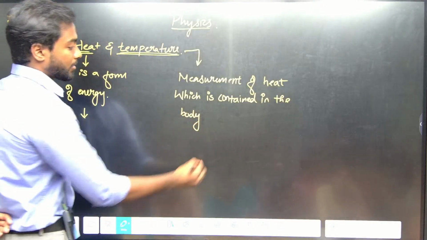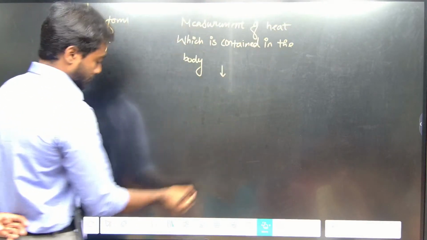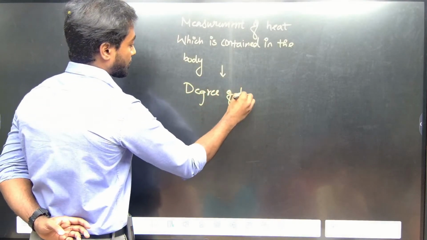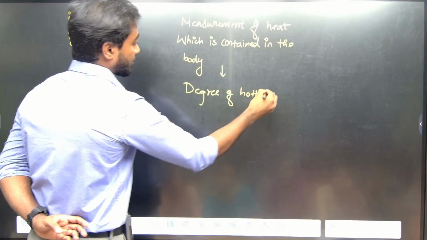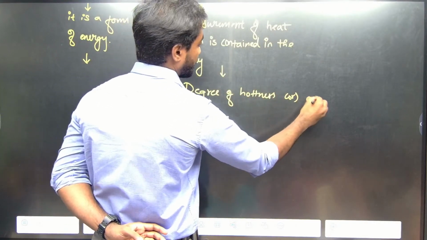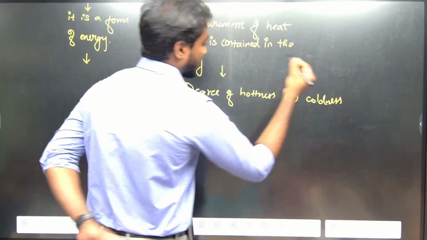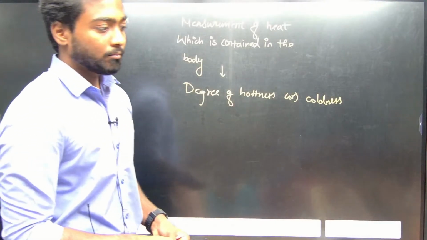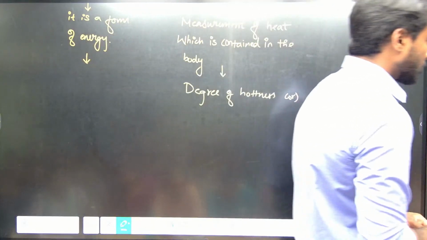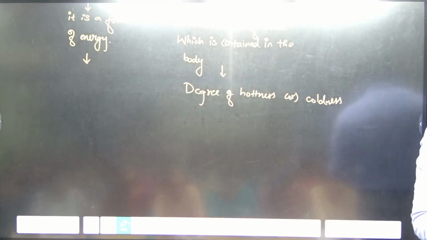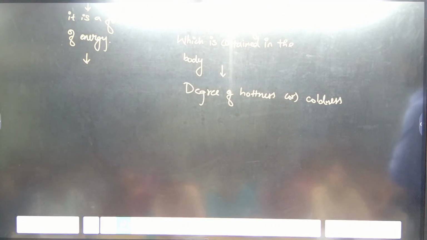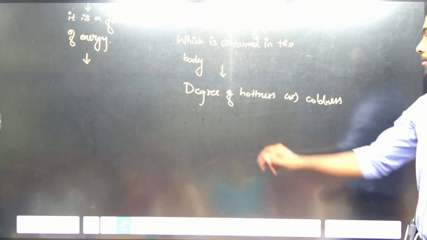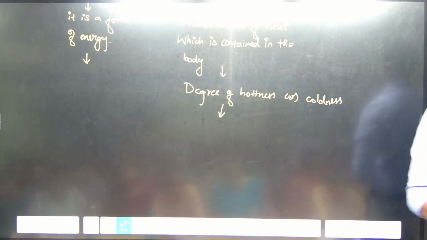So simply we can say it is the degree of hotness or coldness. What is the device we use to measure the temperature? Thermometer. The device used to measure the temperature is the thermometer.